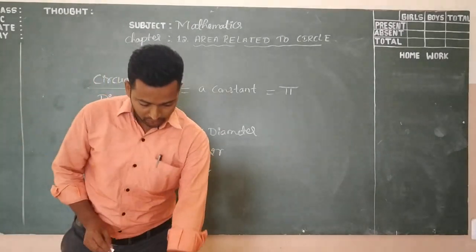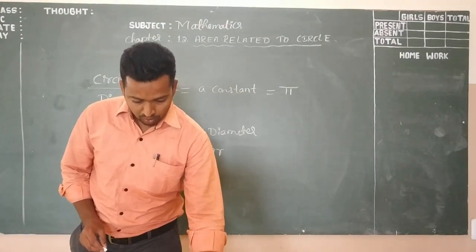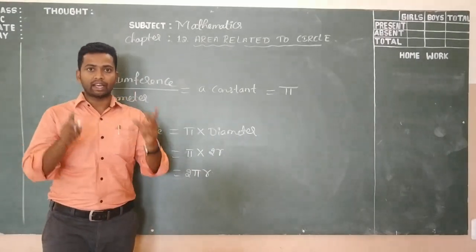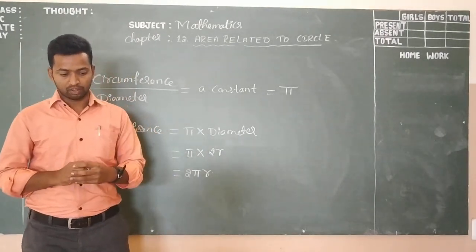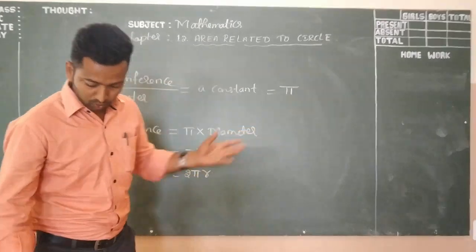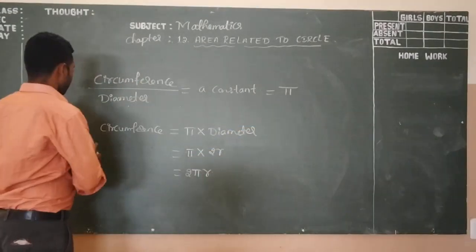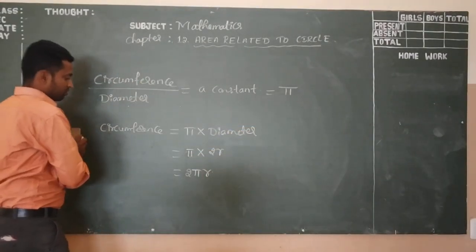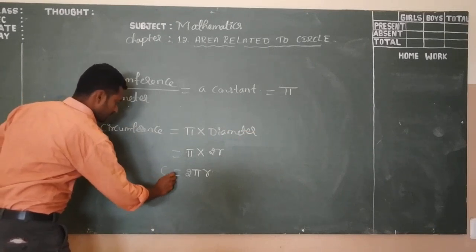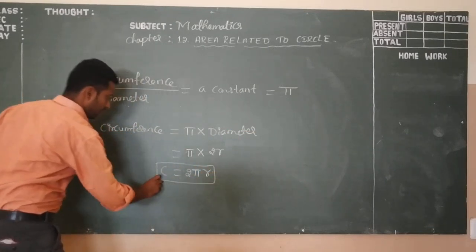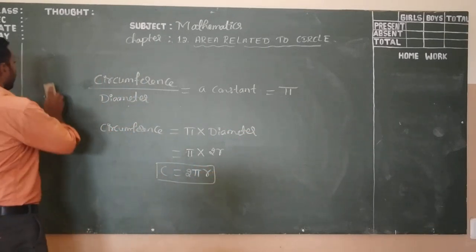In this chapter we are going to find the areas of circles. First, let us work out an example. The formula is C equals 2 pi r.